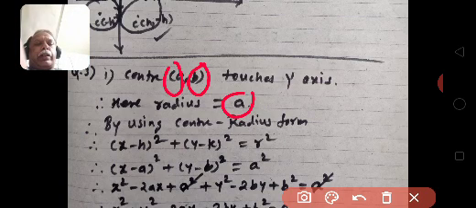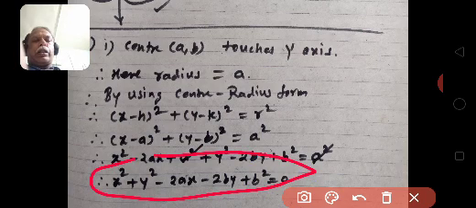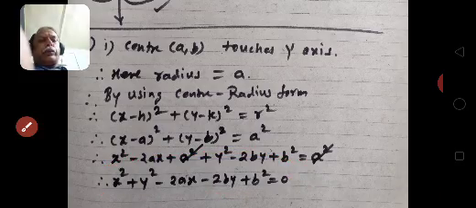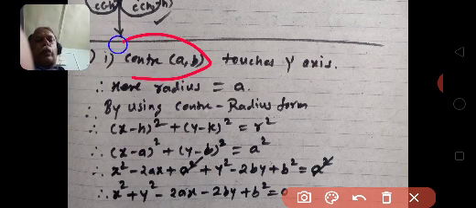Use this formula, apply the values a, b here, and you will get the final answer: x square plus y square minus 2ax minus 2by plus b square is equal to 0. Okay. You may consider another situation also. Same center, but instead of the y axis, if the circle touches the x axis, then what?